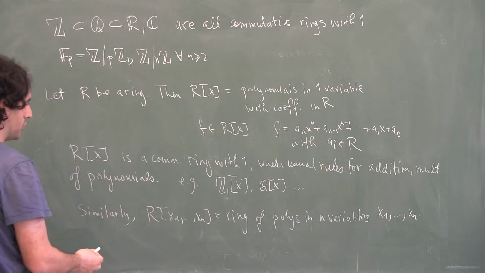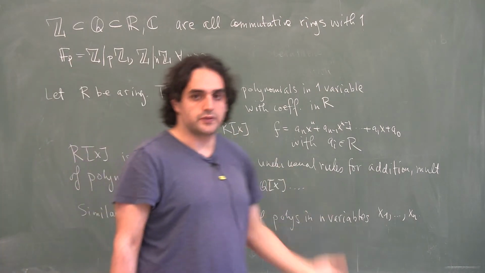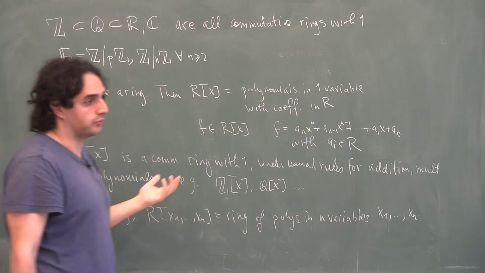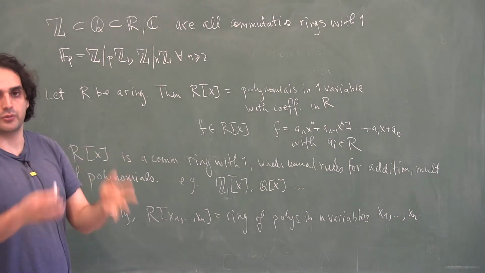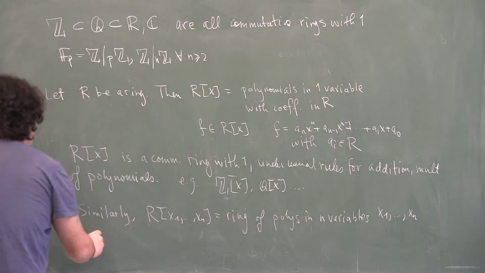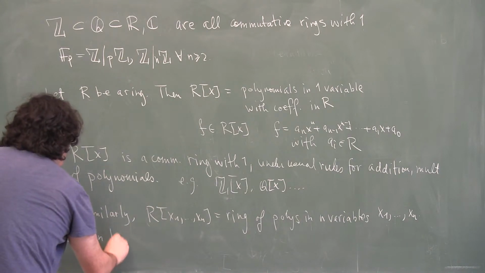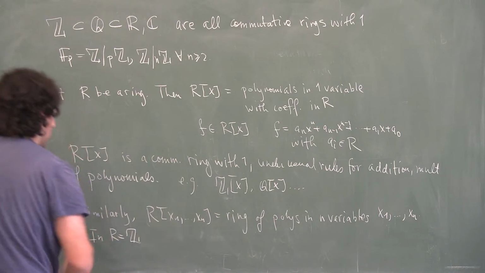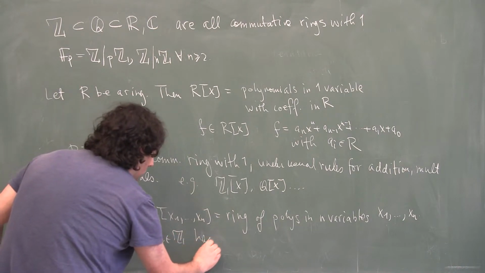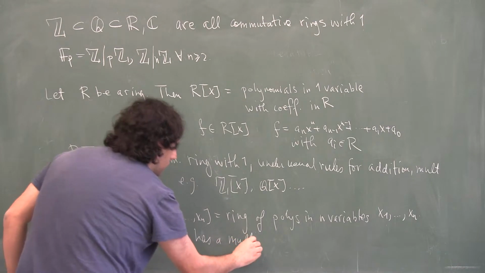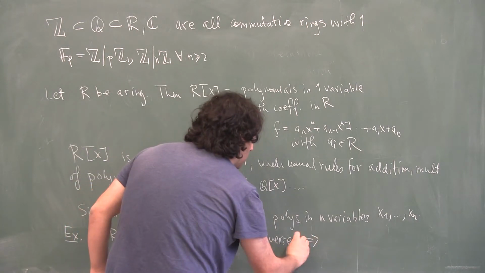So, by the way, the element 0 will not have a multiplicative inverse in any ring except for the 0 ring in which 0 equals 1. But for example, in R equals Z, the ring of integers, a in Z has a multiplicative inverse if and only if, well, what does this mean?